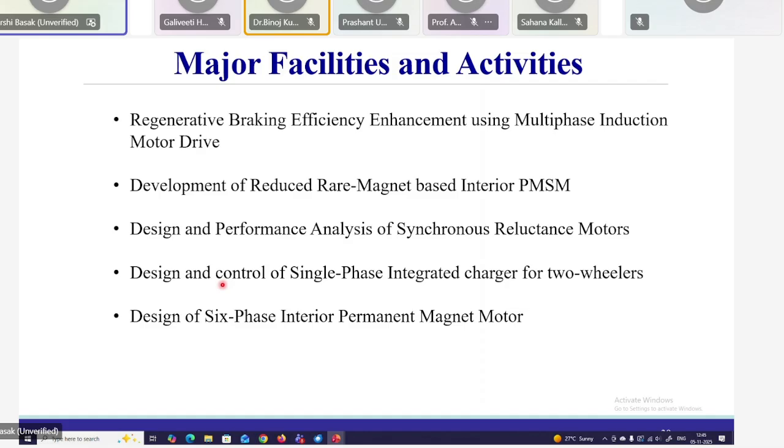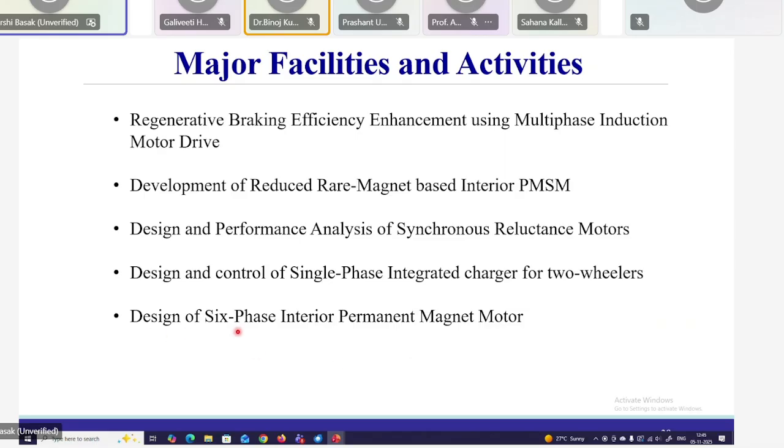That is a utilization problem, and we successfully developed one prototype in the lab. We are currently testing it, and we are looking forward to working on three-phase integrated chargers for other categories of vehicles, not for two-wheelers definitely.